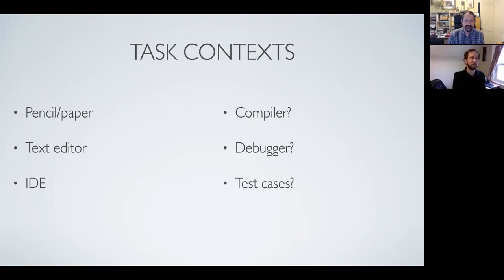On the other hand, if you make them too unconstrained, then you may not learn what you were hoping to learn because people get distracted with all kinds of things that are not relevant to your study. And again, I don't mean distracted in the sense that they're off surfing the web. I mean distracted in that they're writing test cases, but you're not trying to study writing test cases. You're trying to study debugging, for example.